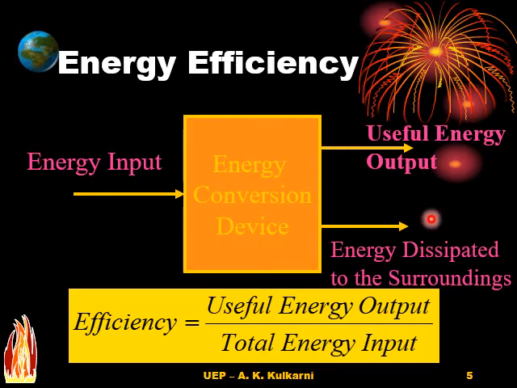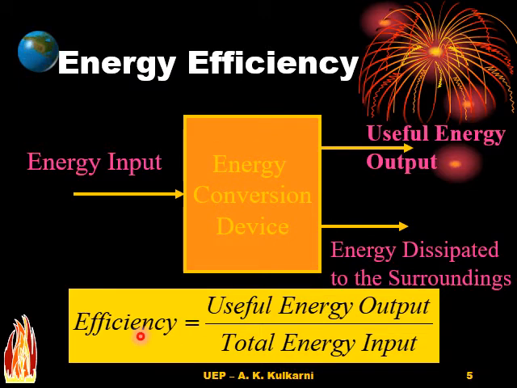To have this useful output, there are certain losses associated with these devices. Those losses are the energy dissipated to the surroundings. Through the silencer, we exhaust some harmful gases to the environment. In this way, we convert certain input energy to output with losses.